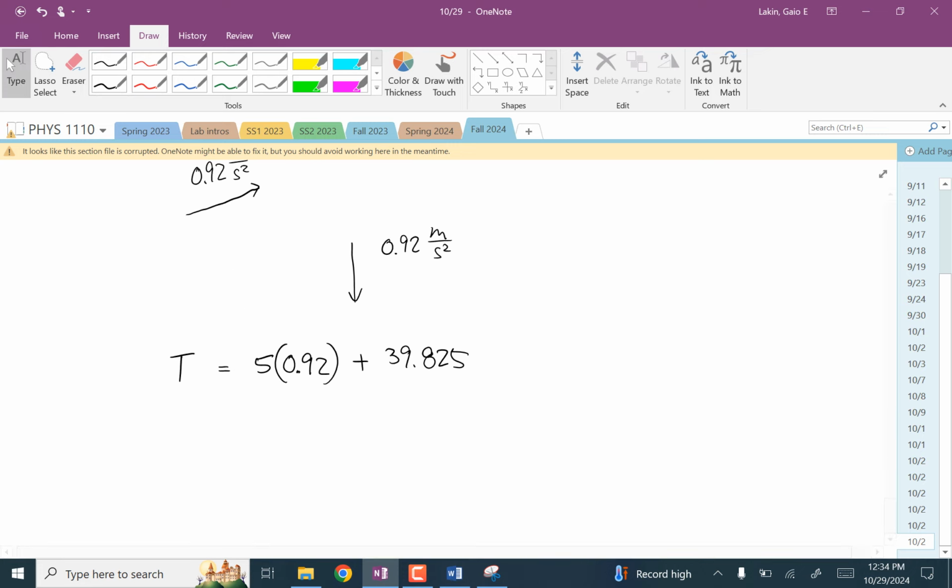And so the tension in that cable is 44.44 newtons.